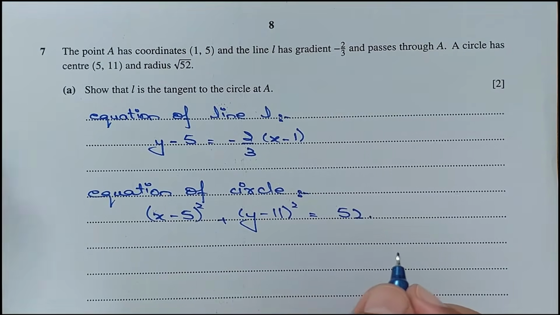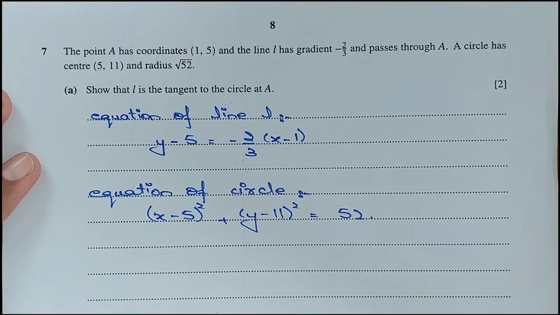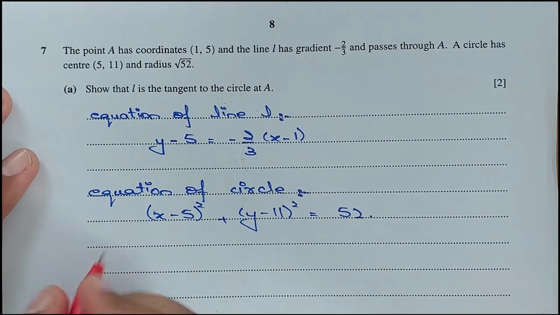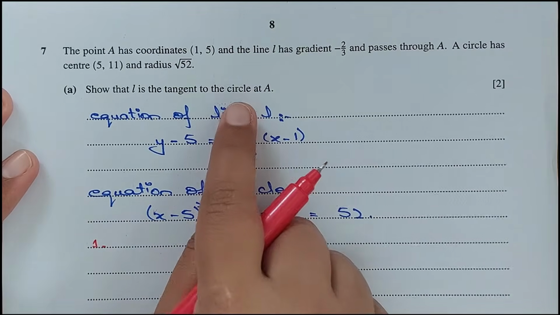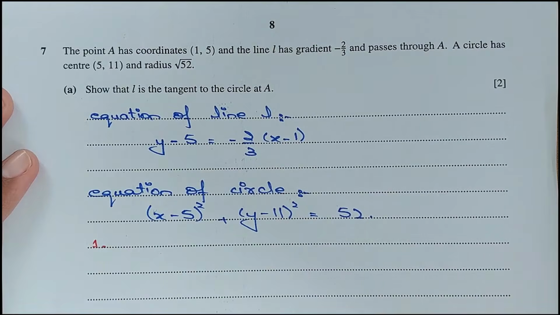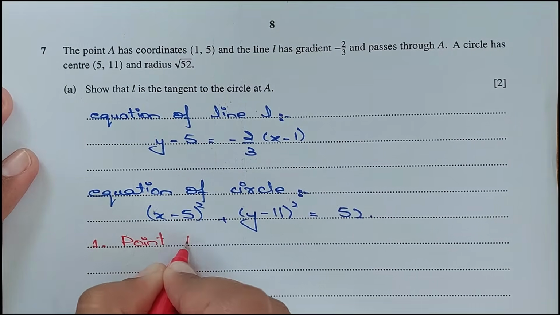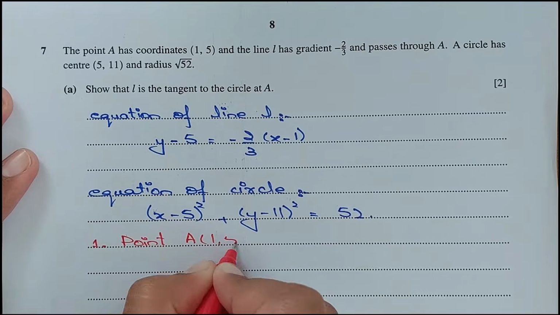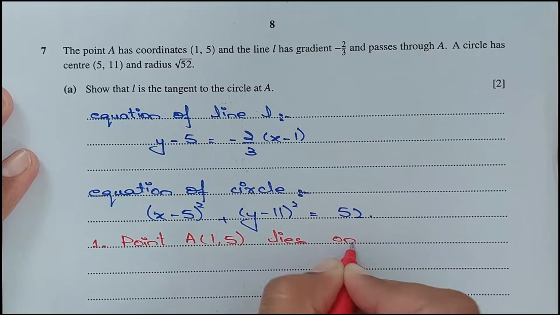Now for part A, show that L is tangent to the circle at point A. So if L is tangent to the circle at point A, the first thing we have to check is that point A lies on the circumference of the circle, right? Point A, which is 1, 5, lies on the circle.